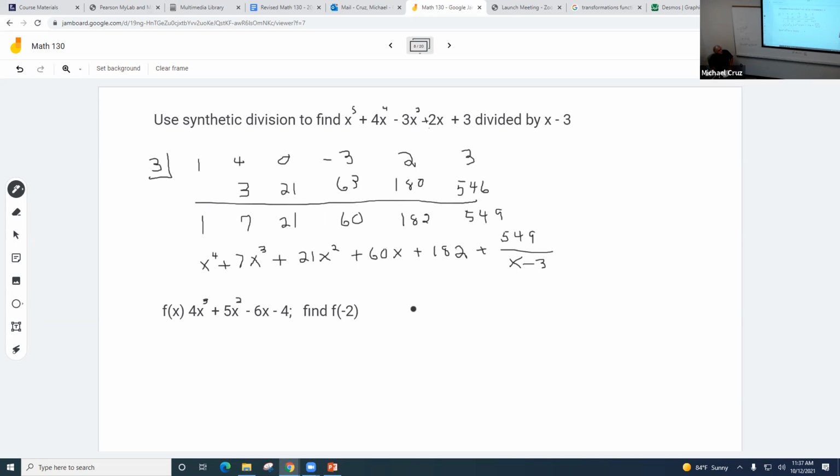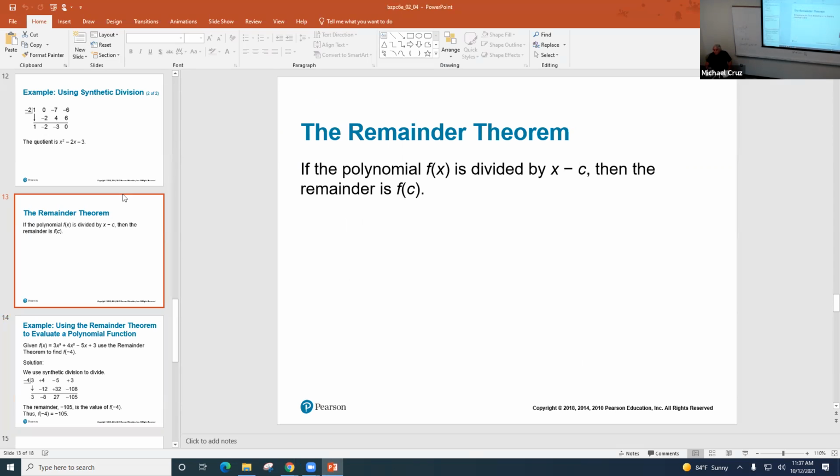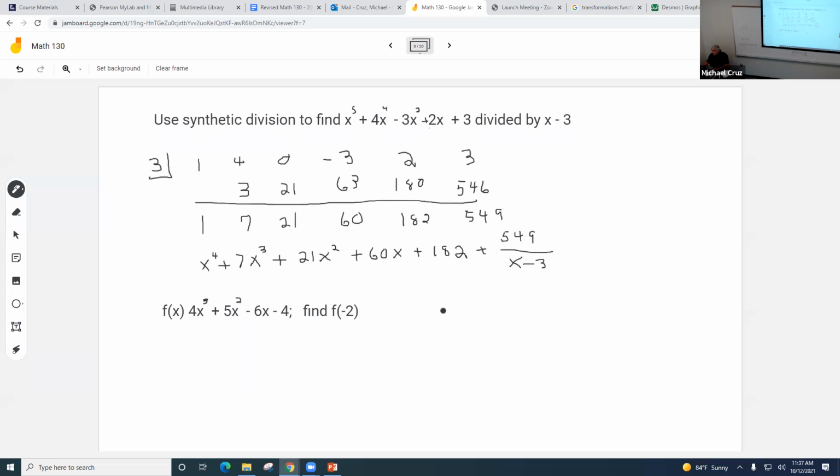So all we're going to do, in order to find that functional value, because that's what that theorem tells us there, the remainder that comes about from any values divided by any value c is going to be the functional value at that x value. So it's -2. So it's 4, 5, -6.